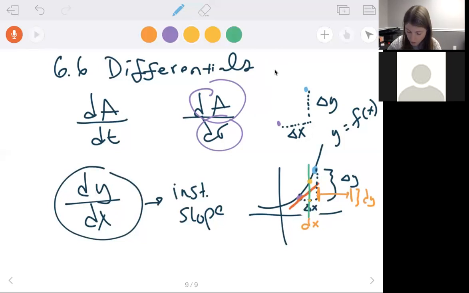And if I go from the bottom to the tangent line, that is our dy. So in this case that we're looking at, our delta y and our dy are closer together than in our first example. And the closer you get to the original point, the closer and closer they get to each other. What we say is that if you have a small enough delta x, in other words, it's teeny tiny, then you can swap delta x and dx and delta y and dy.